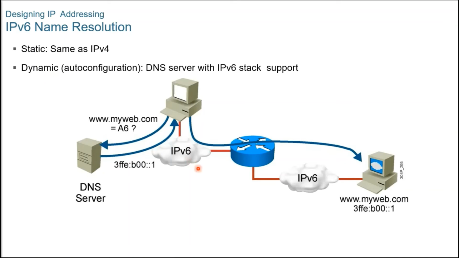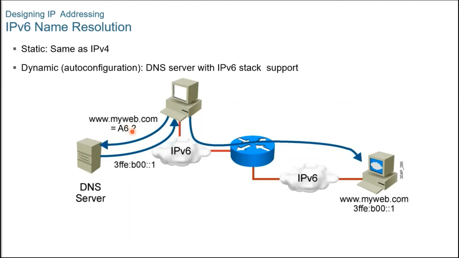Now as shown here in the diagram, an IPv6 aware application requests the destination host name's IPv6 address from the DNS server using a request for an A6 record. An A6 record is a new DNS feature that contains an address record for an IPv6 host.